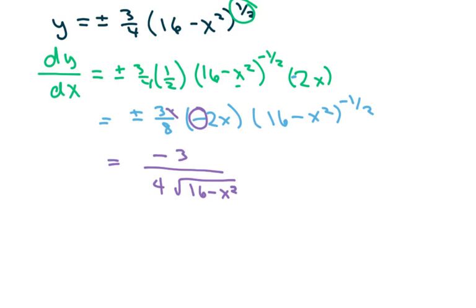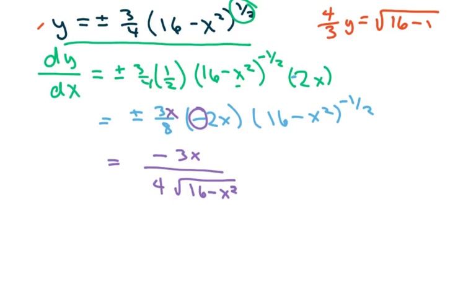I forgot my x. Alright, now I want to solve this because I have to do this implicitly. I know that y equals this. So what I'm going to do here is multiply both sides of the equation by 4/3. So 4/3 y equals the square root of 16 minus x squared.